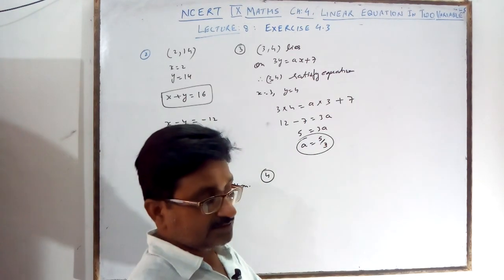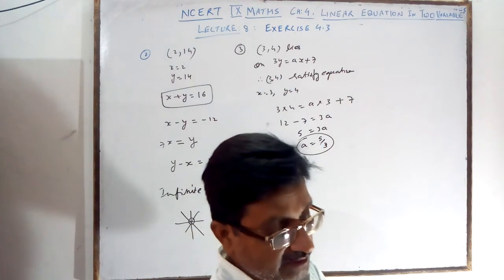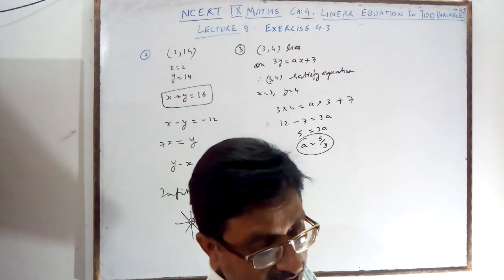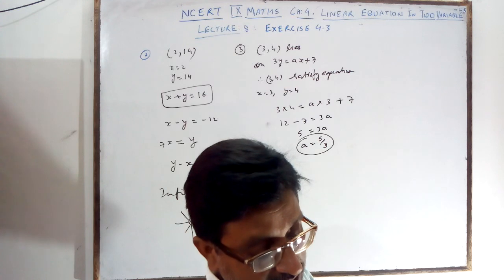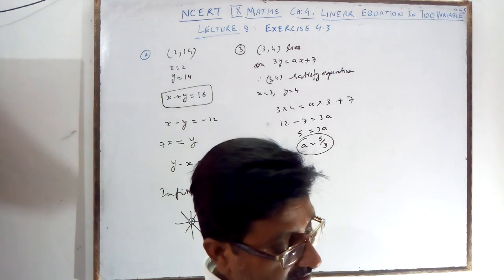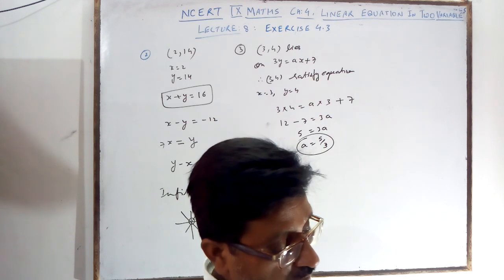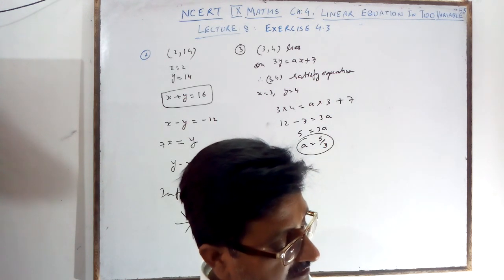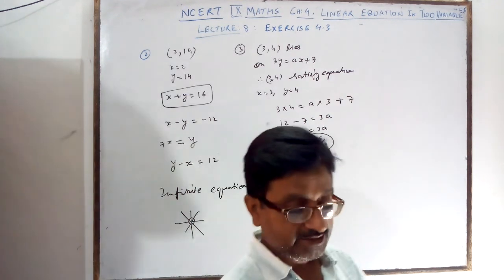A taxi charges for the first kilometer a fare of rupees 8, and for the subsequent distance rupees 5 per kilometer.